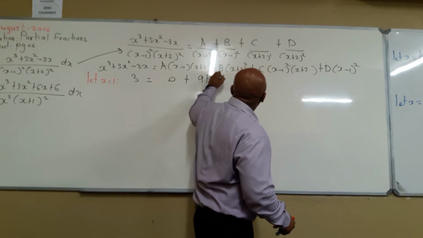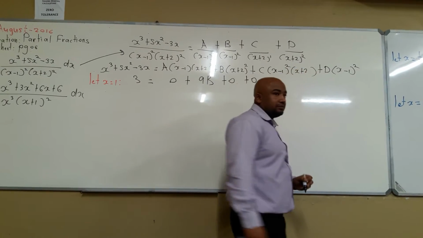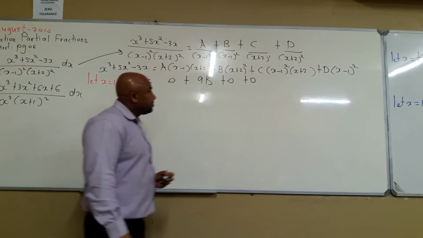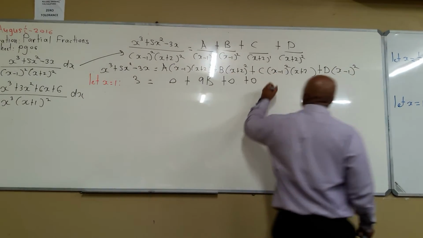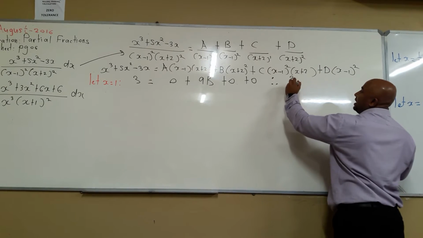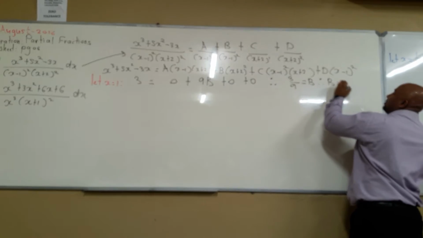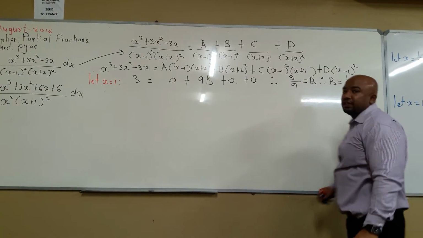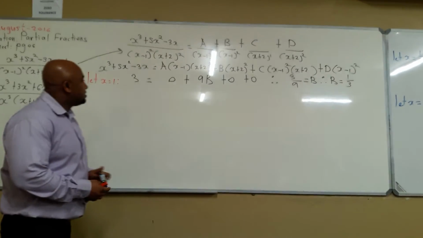Here it will be 0, and the last one will be 0. Okay. So therefore 3 over 9 is equal to b, so therefore b is equal to 1 over 3. You got that?